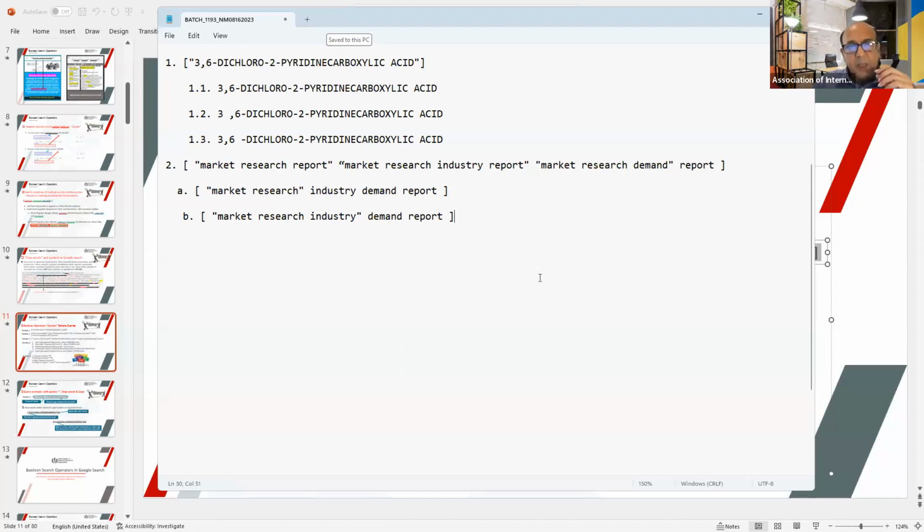Maybe B is better than A, I think. Let's see if we can do C.